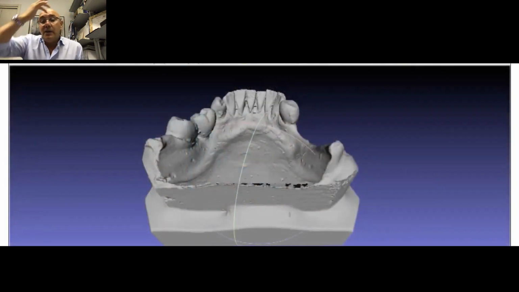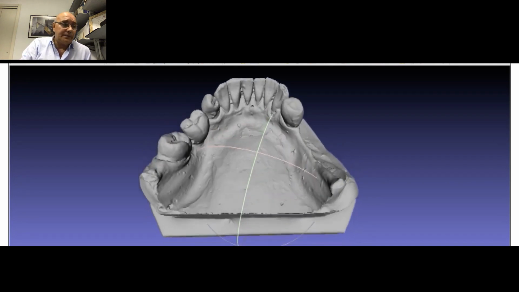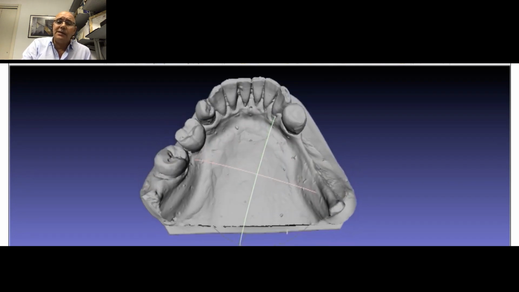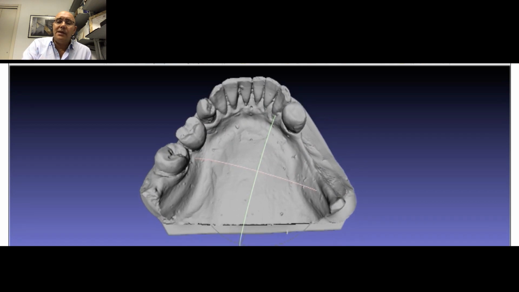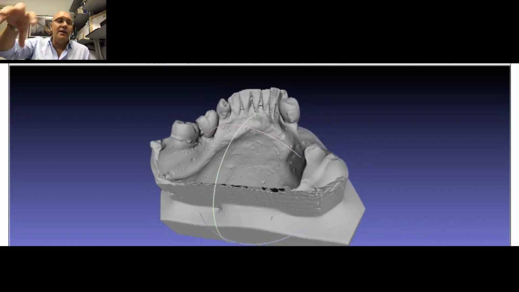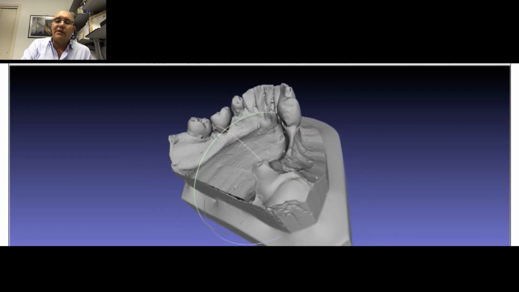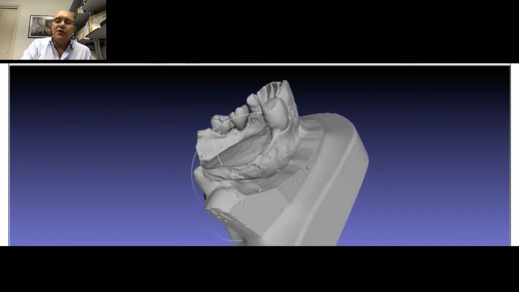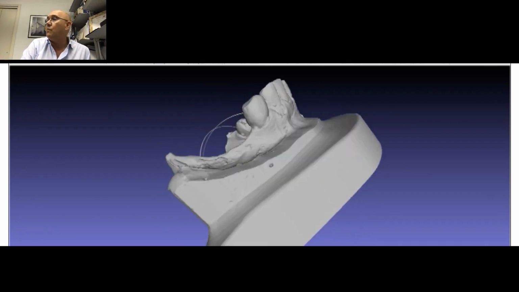Then we're very lucky because the University of Milan has a software that places the stone cast on a stand, and there are cameras that take a video 360 degrees around the stone cast and show us the amount of bone loss that we have.